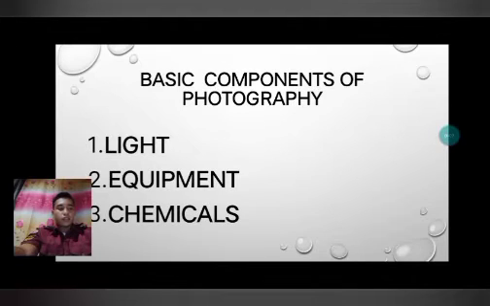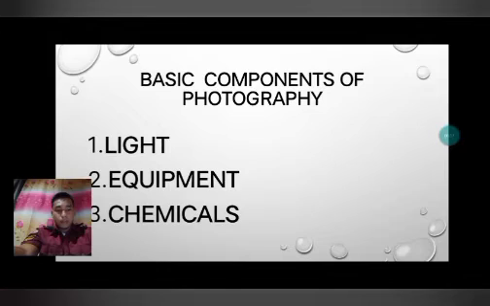Light is what allows us to convey information and, more importantly, emotion in an image. Once you understand light, you'll have the knowledge to create a wide variety of creative images.